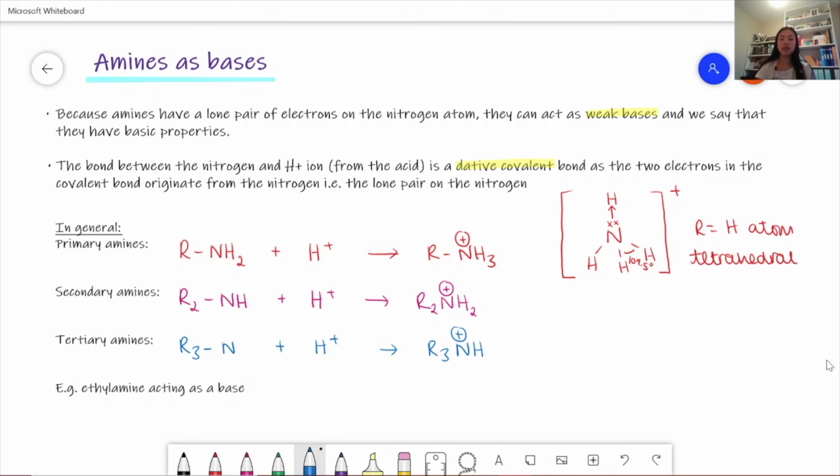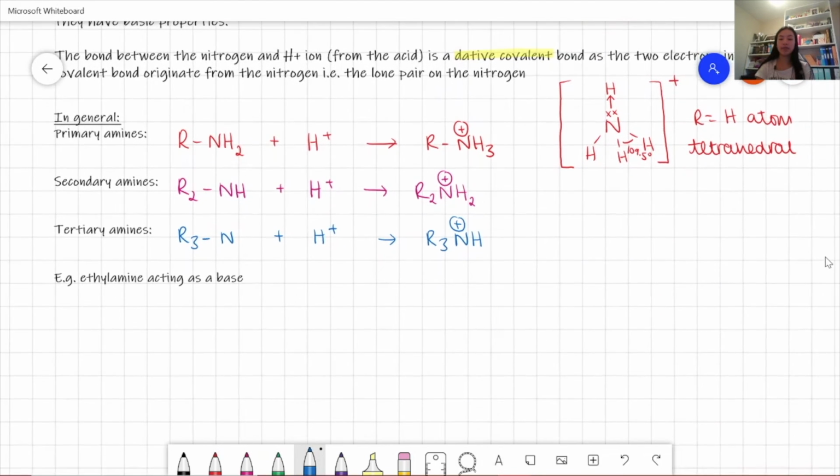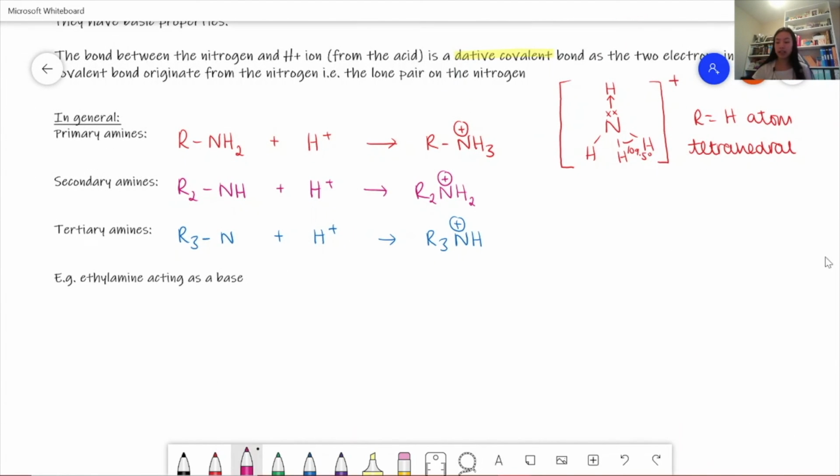So if we look at a more specific example, we could look at ethylamine acting as a base. So ethylamine looks like this. We have a nitrogen, and then we have the ethyl group, so CH2CH3, and then we have 2 hydrogens attached to this nitrogen. And then we have 2 of these electrons on the nitrogen, the lone pair.